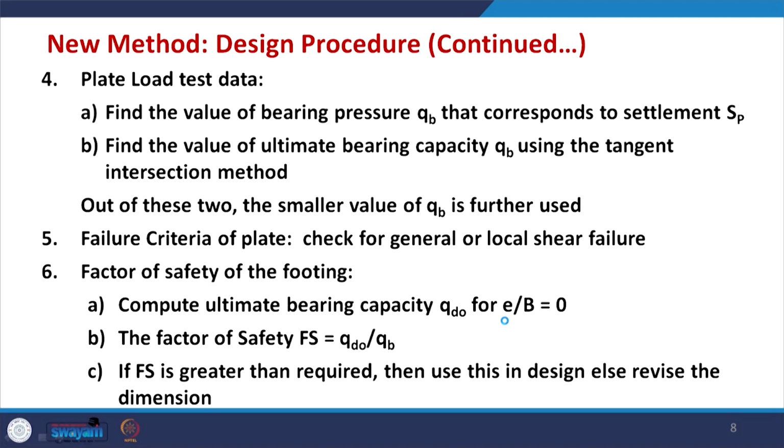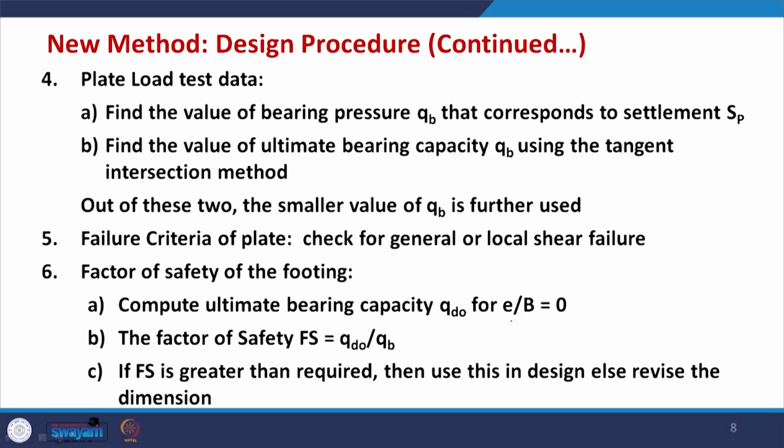Next, for the factor of safety of the footing, compute the ultimate bearing capacity q d naught for E by B equal to 0. That means use the equation of q d which we have already discussed, but for E by B equal to 0, neglecting the eccentricity. For this value, find the factor of safety simply using the ratio q d naught divided by q b.